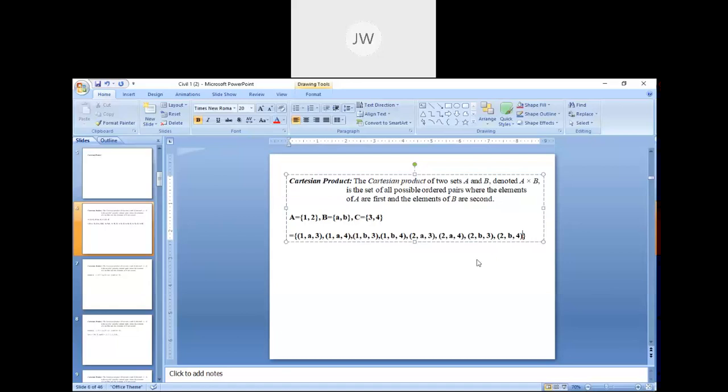So how many elements are there? 8 elements. That means, see, in 2 sets, the number of elements in set A into number of elements in set B is equal to the number of elements in A cross B. So here also I can verify that the number of elements in set A into number of elements in set B into number of elements in set C is equal to the number of elements in A cross B cross C. Is it clear?